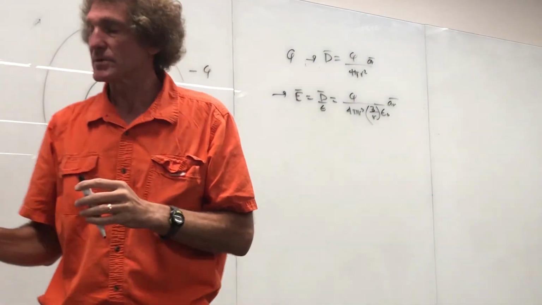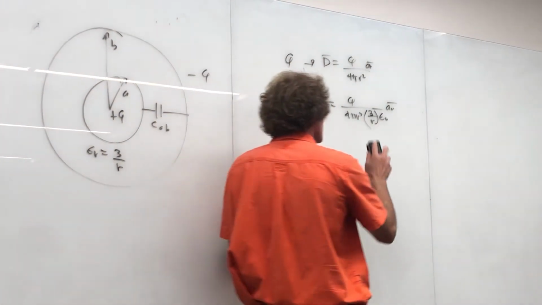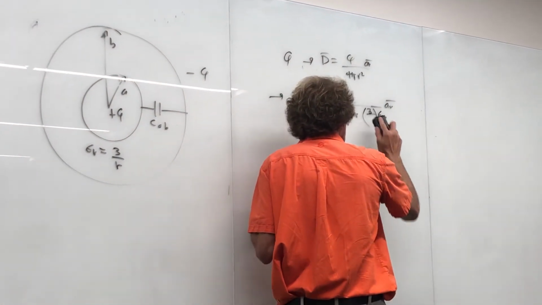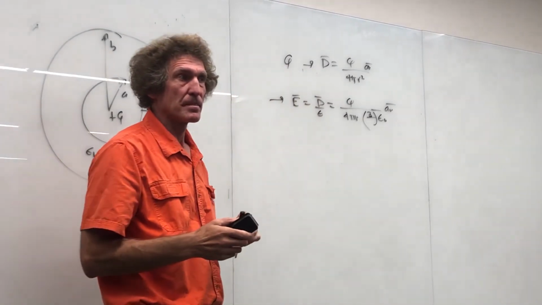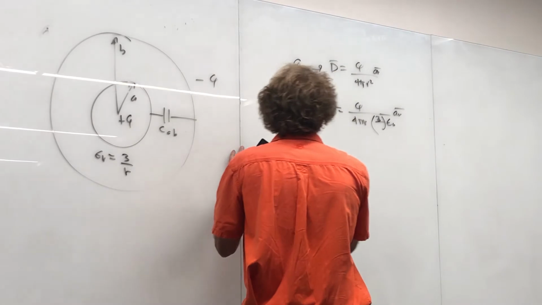And when you do that, I'm going to simplify here. You see that the R squared times 1 over R just leaves me an R right there. Right? Now I need the voltage.